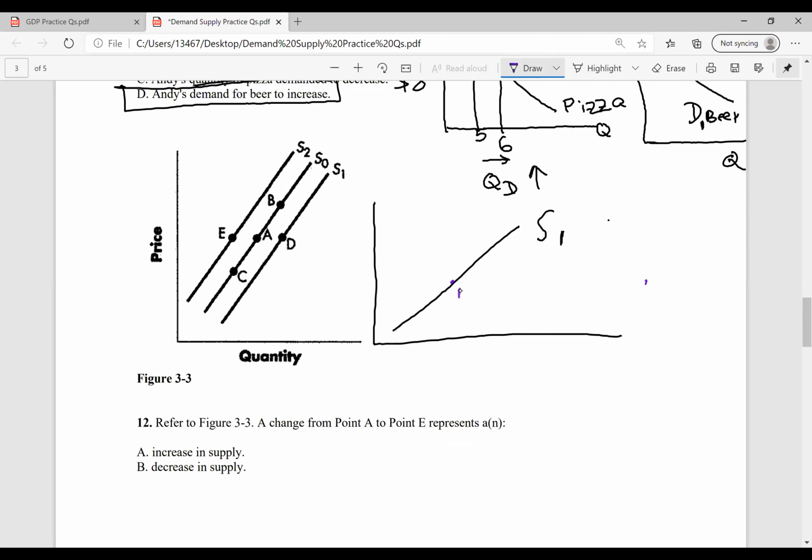I'm at this point A. Now the question is telling me you move from point A to point E. So this is the answer to this question. There is a decrease in supply.